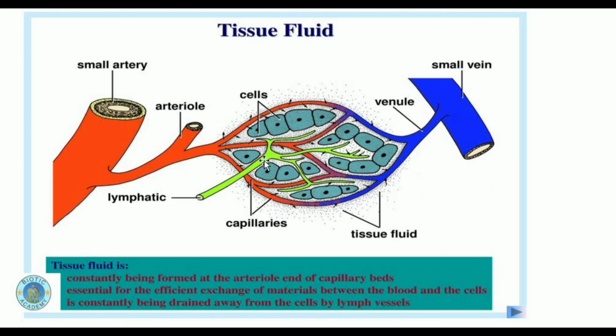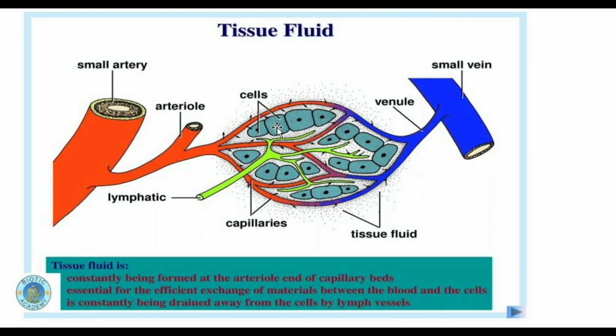But there is another system working over here, called the lymphatic system, which keeps on collecting the tissue fluid around the tissues and taking it back towards the heart, mixing it again with the blood so that the consistency of the blood remains maintained. This tissue fluid provides a medium for the exchange of material from the blood vessels.